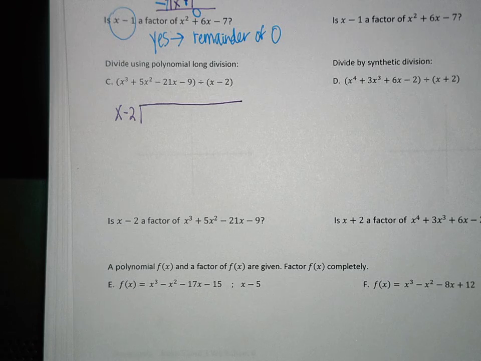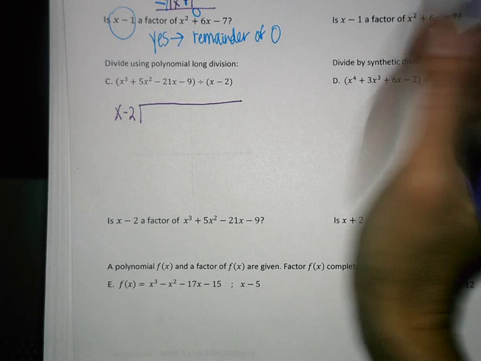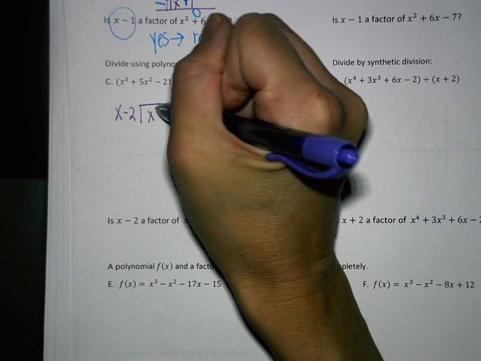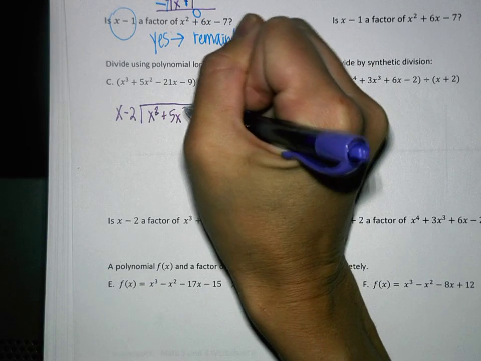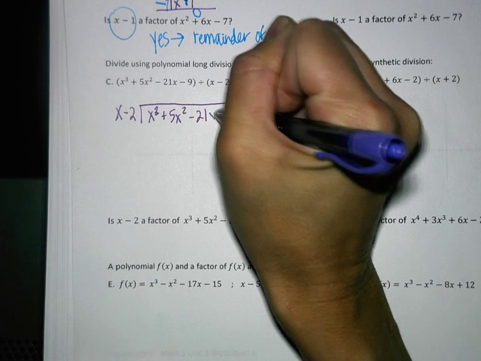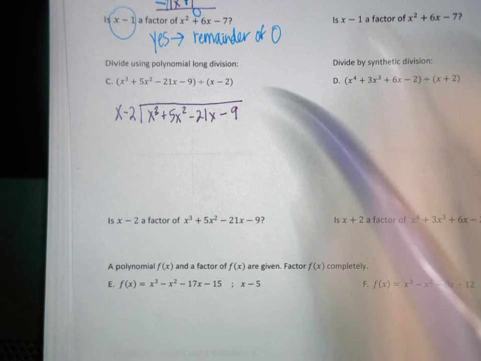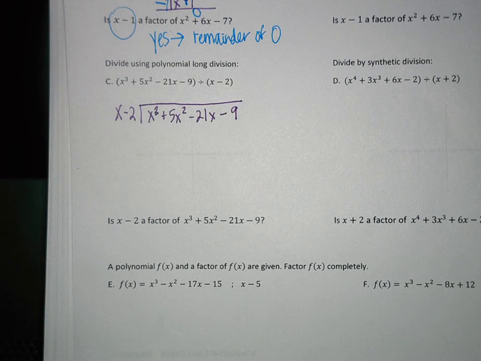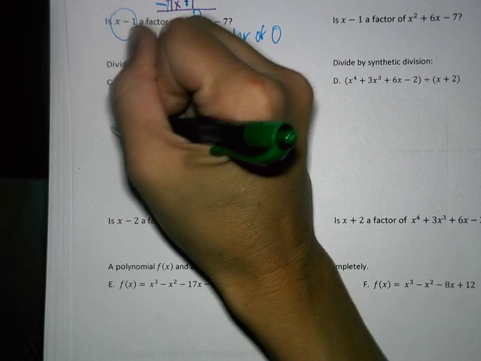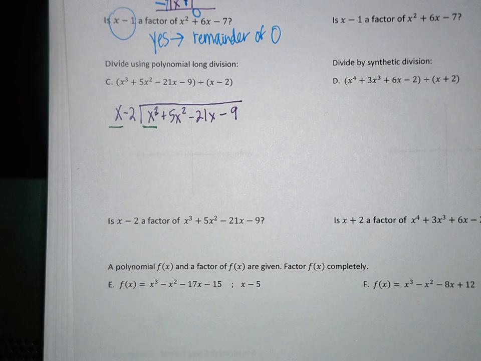All right, so we have x minus 2, and then we're going to go inside here, and we have x to the third plus 5x squared minus 21x minus 9. Okay, so if we look at this, x and x to the third, x times what makes x to the third? x squared is correct.